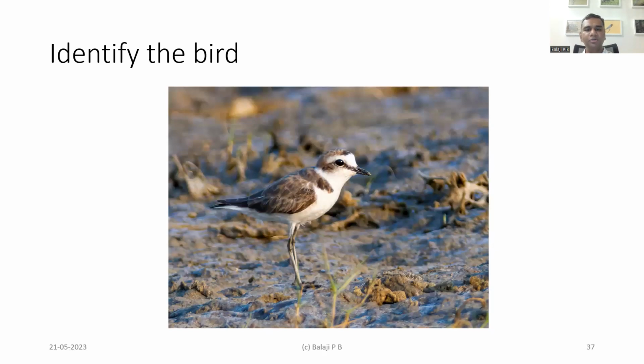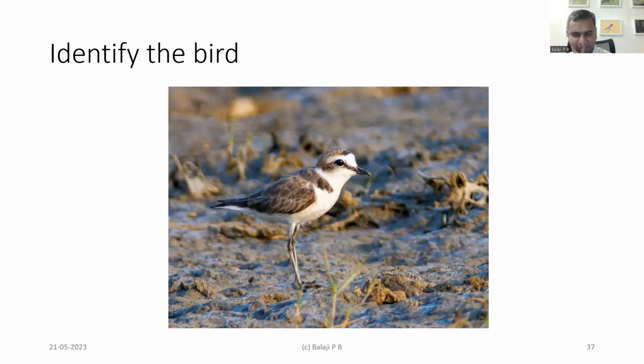So which bird is this, a plover or a sandpiper first? Plover. Okay. Is it a sand plover or a Kentish? The ring is incomplete, sir, so I will go with sand plover.